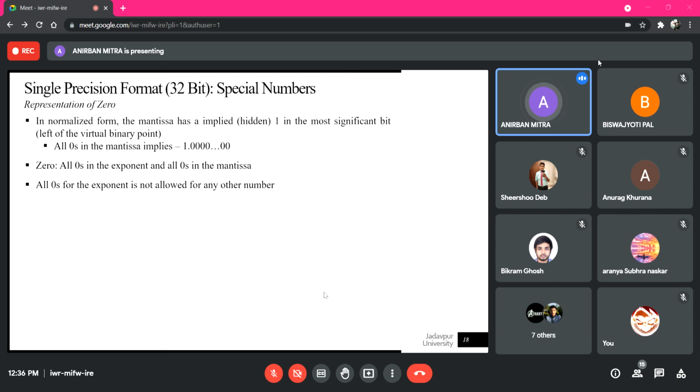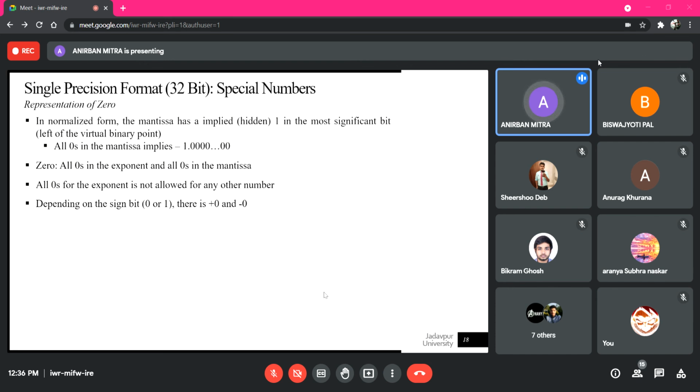And all 0 exponent as a result is not allowed anywhere else for any other number to avoid this confusion. That is why that particular exponent was reserved.